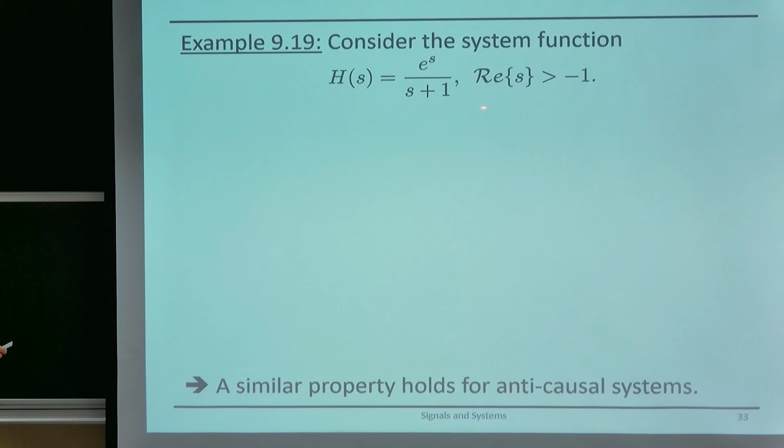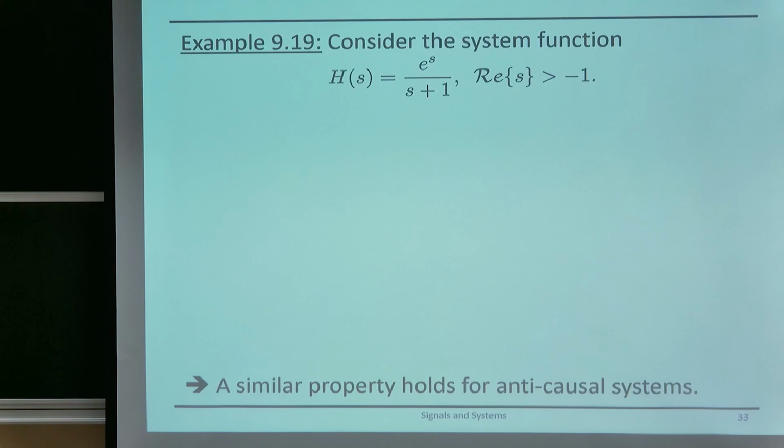Knowing that the ROC is the right half plane, we want to see if the system is causal or not. Even if we are not sure, at least we're sure that the impulse response is right-sided.